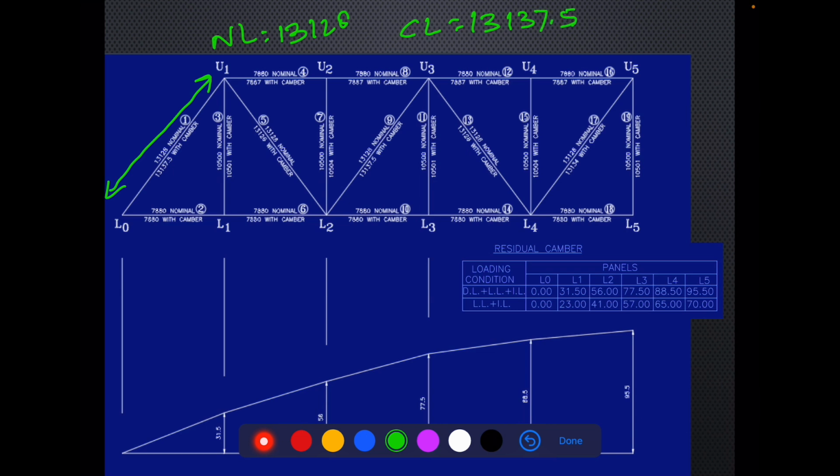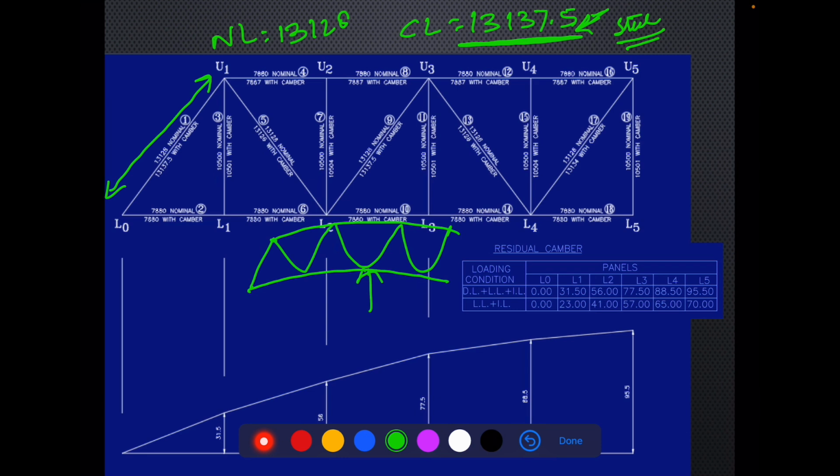So the actual member will be fabricated as per this length. The steel plate will have to be cut according to this shape, and when these are fitted with each other, the girder assumes this shape as we wanted, so that it achieves an upward deflection.